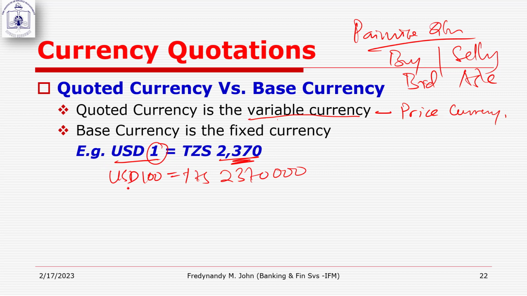Again, from here you can see the USD is fixed at 100 units. Therefore, the USD is the base, and the one that varies is the TZS. Therefore, in any single given quotation, you need to be able to identify the base and the price currency.